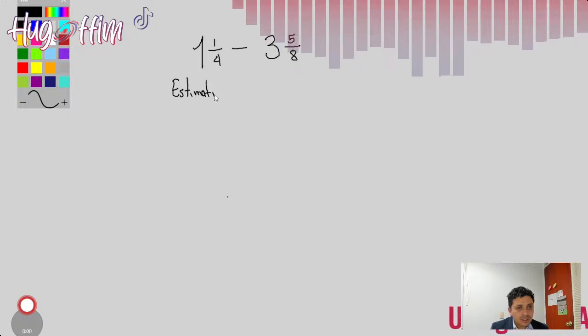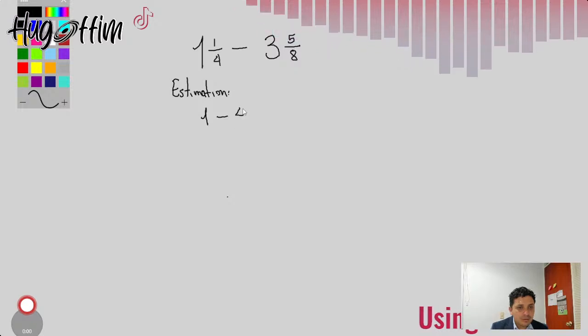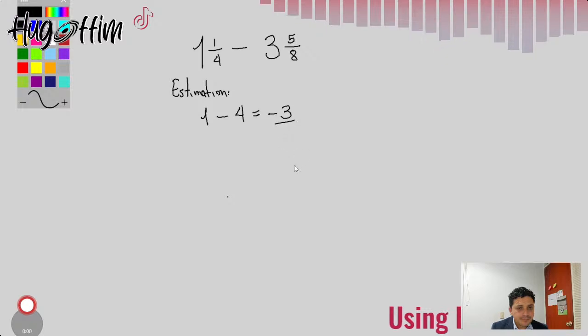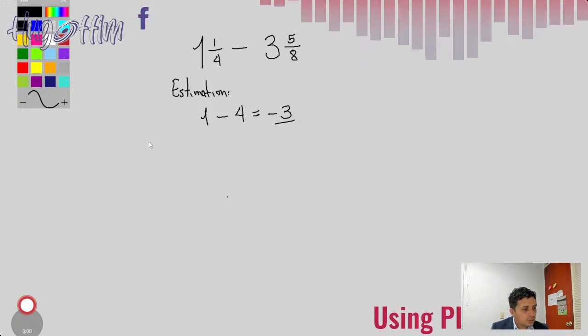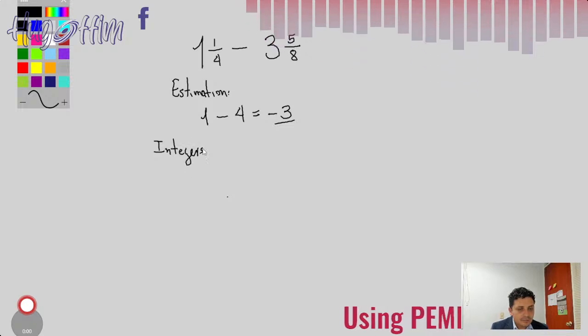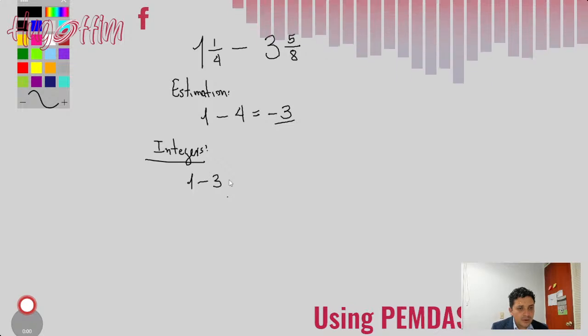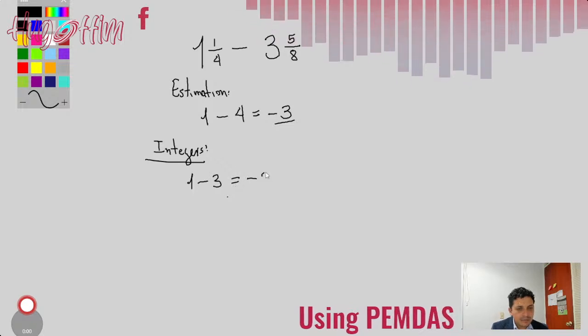So the estimation is going to be 1 minus 4, so the estimation gives me negative 3. And now I'm going to use integers. So 1 minus 3, that is negative 2.